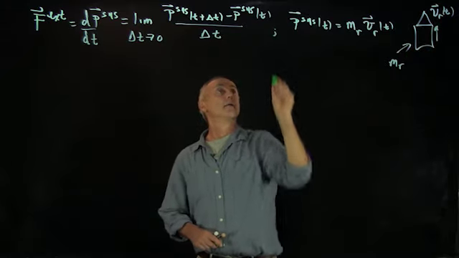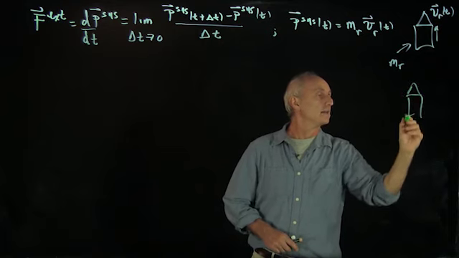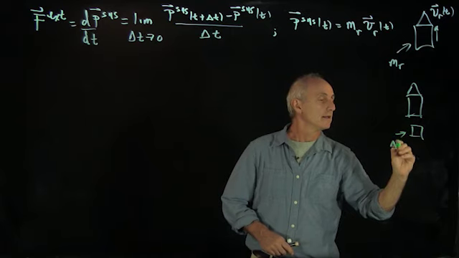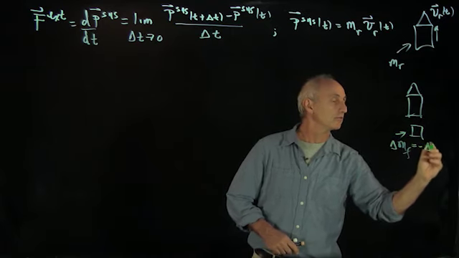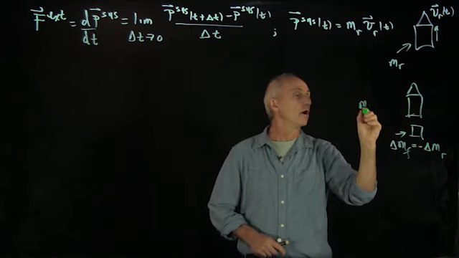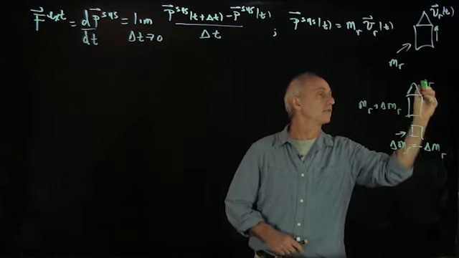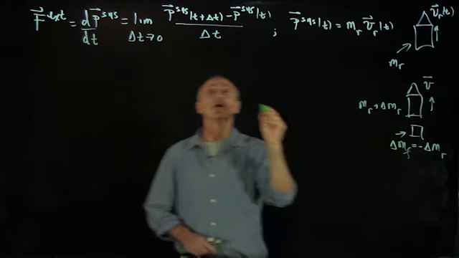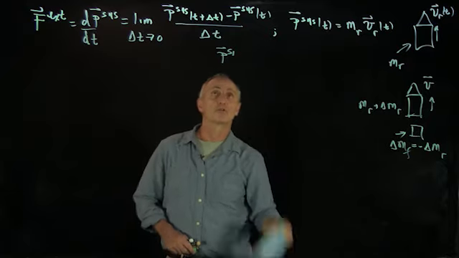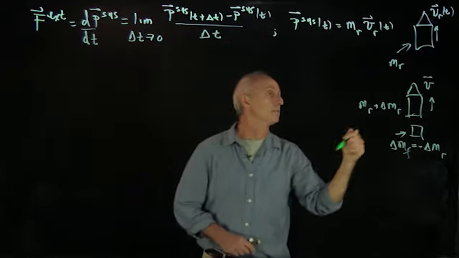And we had the system at time t plus delta t, where we had delta m fuel equals minus delta m rocket. Here we had mr plus delta m, and we had the velocity in the ground frame, which we saw was equal to, so let's write out the momentum of the system at time t plus delta t.